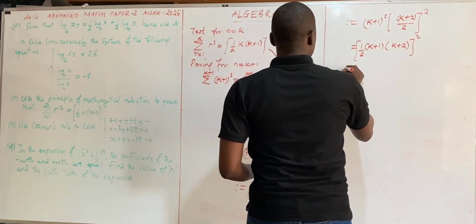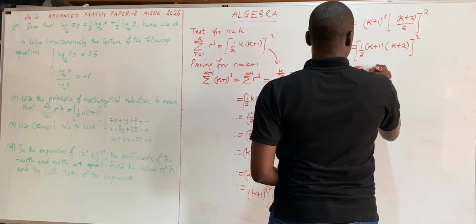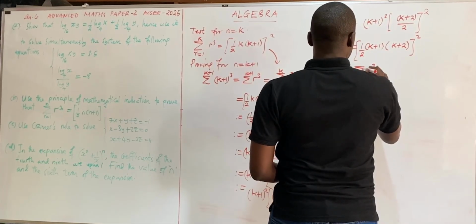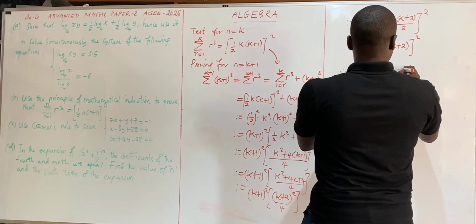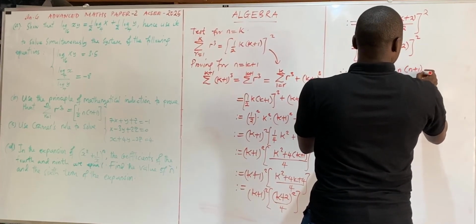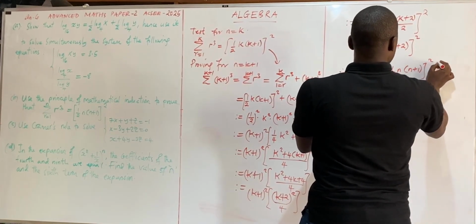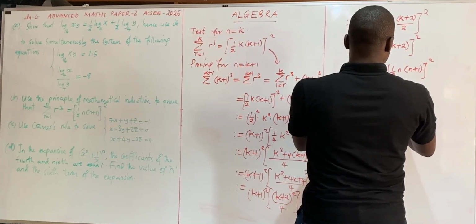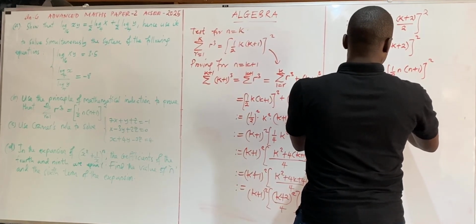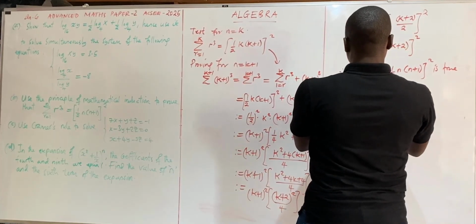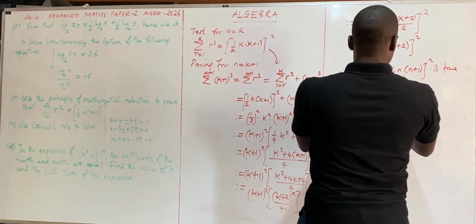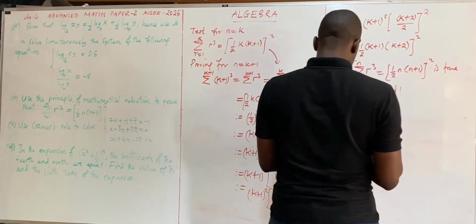So therefore, we can say the summation of r cubed from r equals 1 until n equals 1 over 2, and then (n plus 1) squared. Yeah, so that is proved. It is true, and proved under mathematical induction.